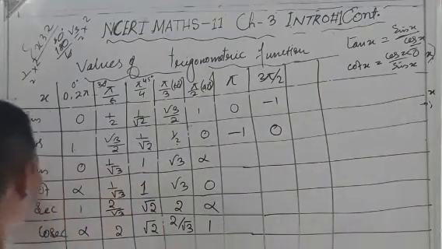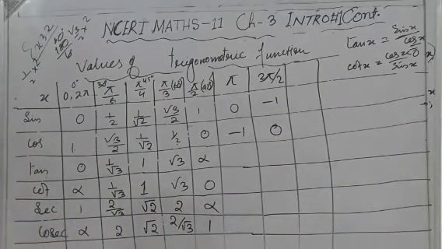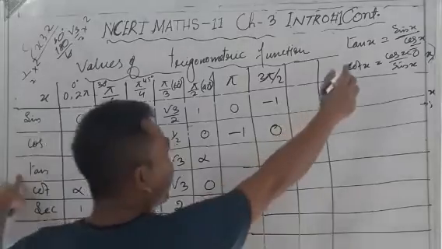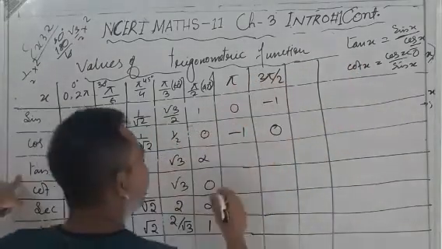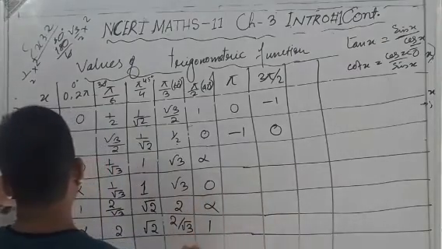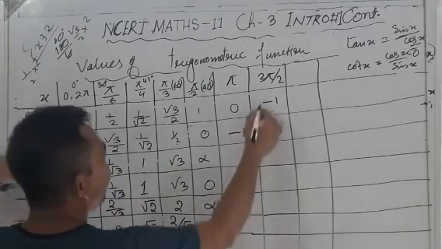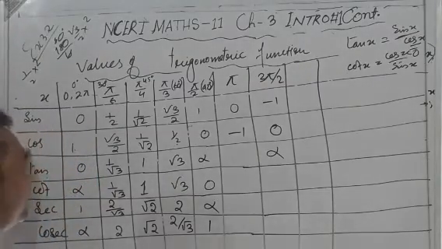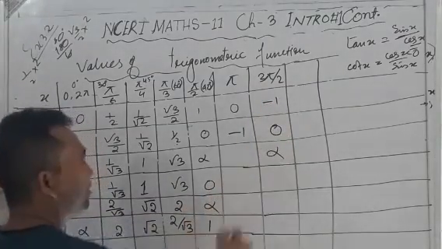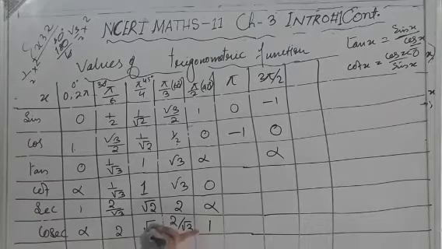Now we can easily find the value of the other trigonometric functions. Tan. The same relation, the quotient relation. If we consider tan as sin by cos, at 3 pi by 2 it is not defined. Correct? Minus 1 by 0, so it is not defined, it is infinity.